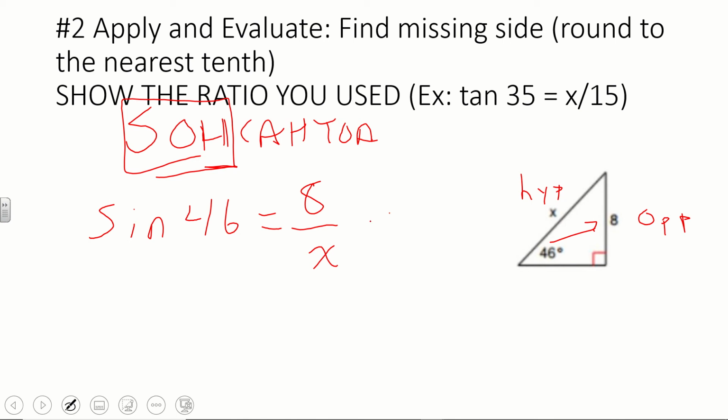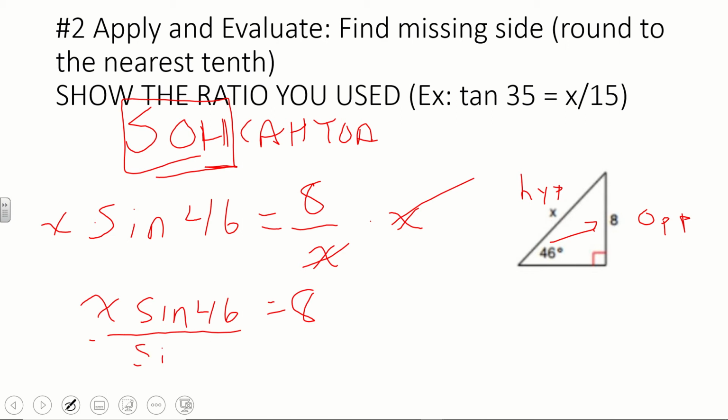So to solve this, I have to multiply both sides by x. This will eliminate the x in the denominator. To get x by itself, I have to divide both sides by the sine of 46.